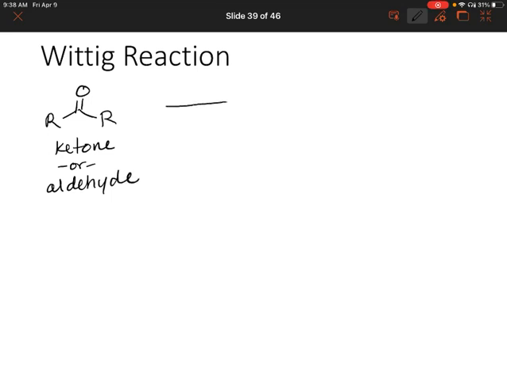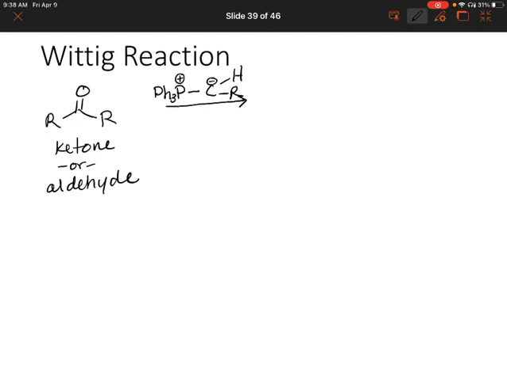And you're going to use something called an ylide. So the ylide here has a positively charged phosphorus atom that's bonded to 3 benzene rings or phenyl groups. And then it's also bonded to a negatively charged carbon, and that carbon is bonded to a hydrogen and an alkyl group.